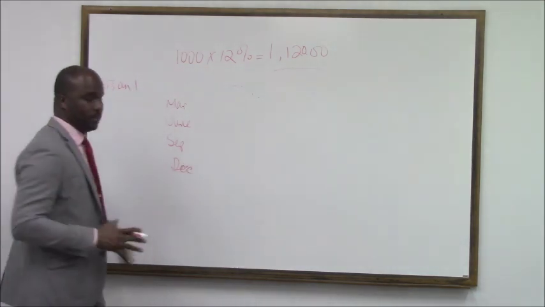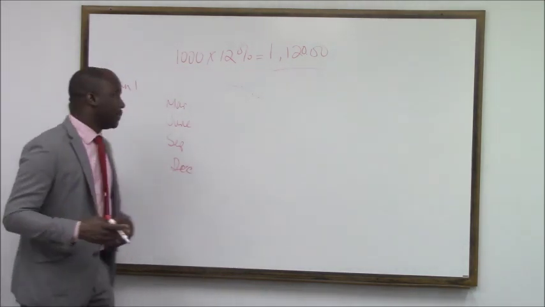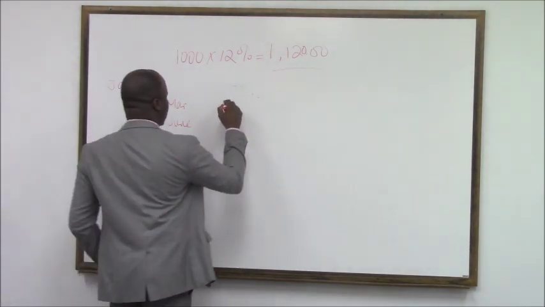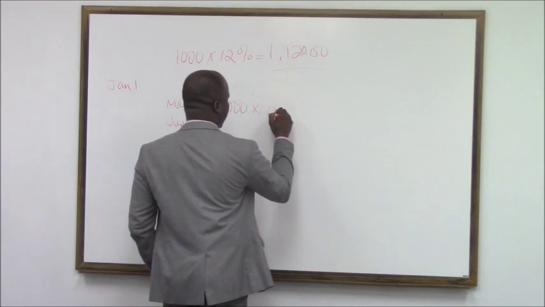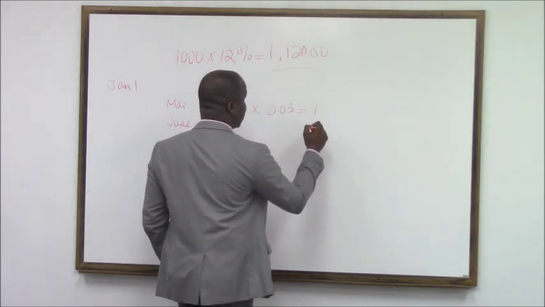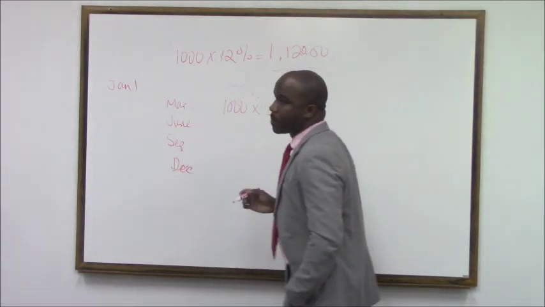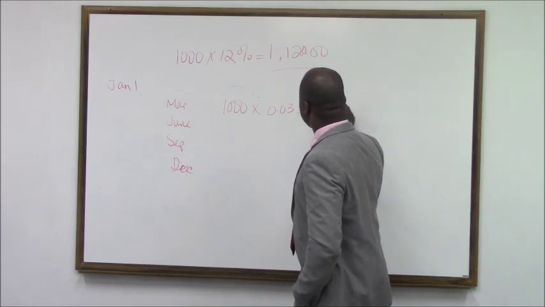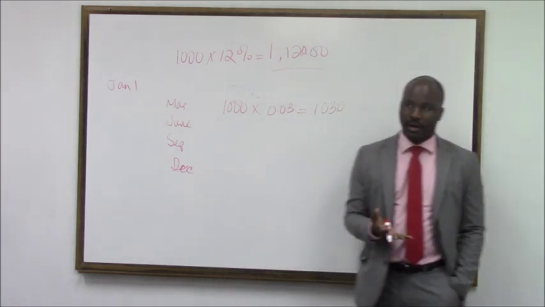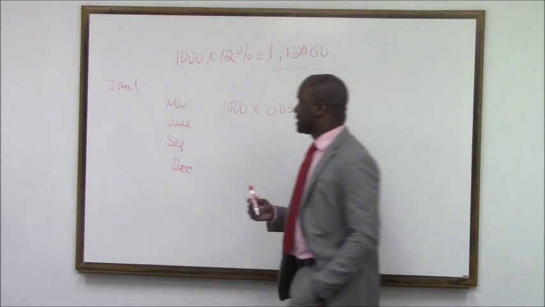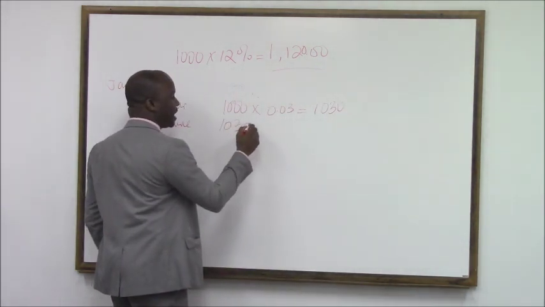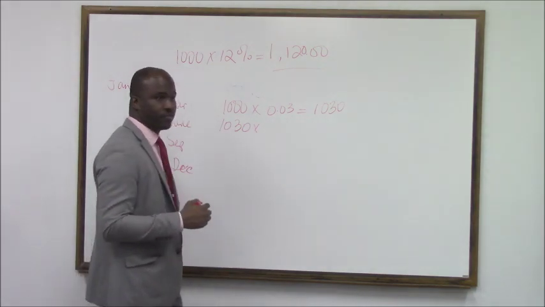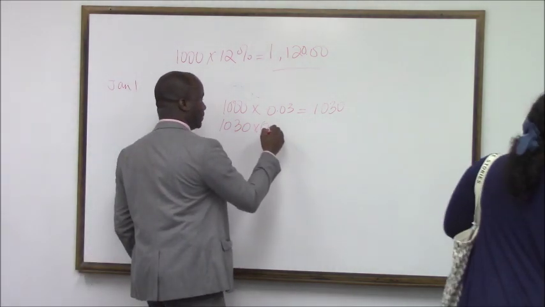Every time interest hits, for March, you pay $1,000 plus your 3%, and that's $1,030, right? What happens then is in June, you take your $1,030 and apply your 3% of that.